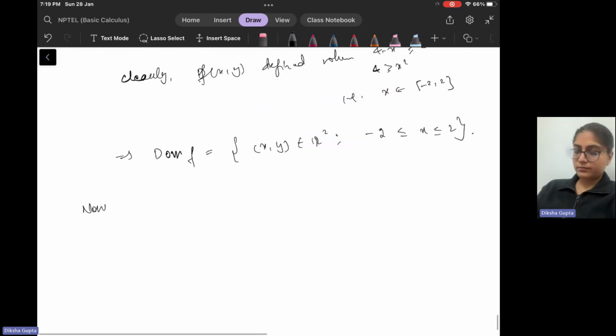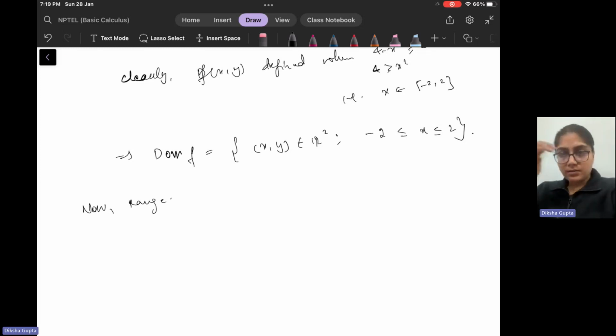Now range. As we have done earlier, I'm just seeing at least the set where the range is contained, and that I'll do by seeing where the numerator and the denominator belong for this domain of f.